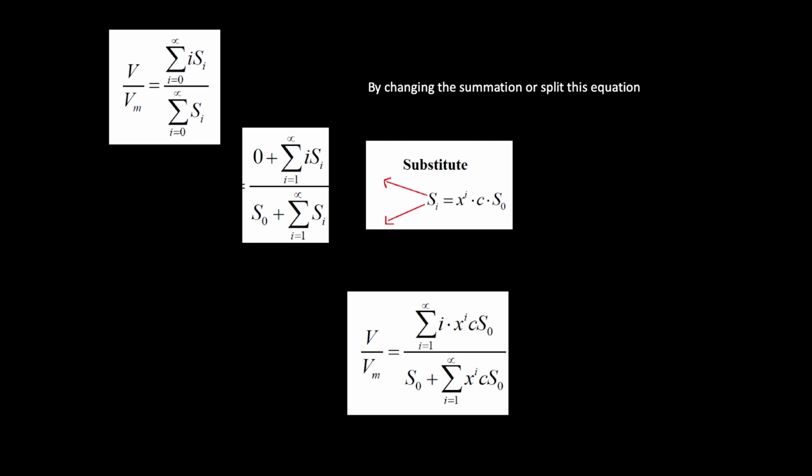Then we take common term C S0 outside the summation term, so that we can cancel off the common term from both the numerator and the denominator. Once again rearranging, we can write the equation as V by Vm equal to C S0 into sigma i equal to 1 to infinity i into x to the power i, the whole divided by S0 into 1 plus C into sigma i equal to 1 to infinity x to the power i.